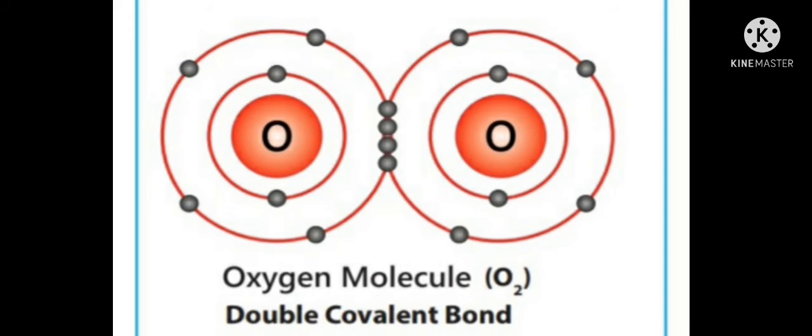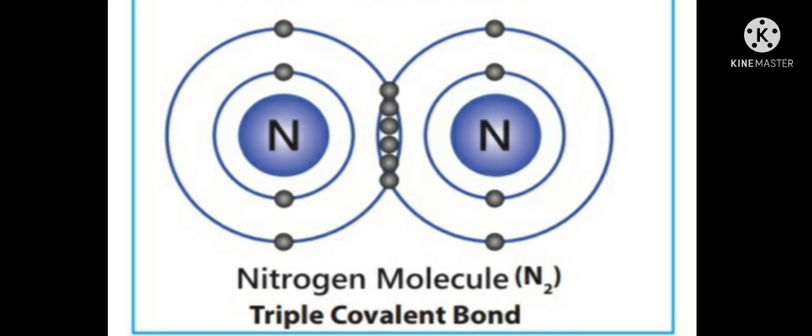In order to attain the nearest noble gas configuration, both oxygen atoms share 2 electron pairs. If 2 electron pairs are shared between two combining atoms, it forms a double bond. Hence, double bond is formed in oxygen molecule. It is shown here.